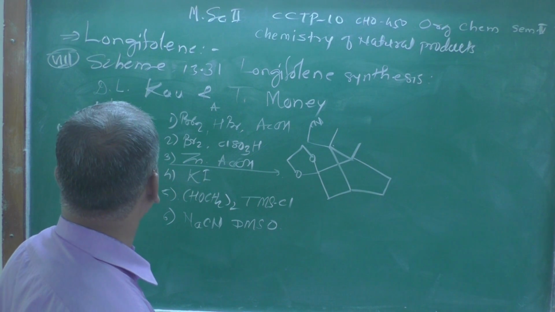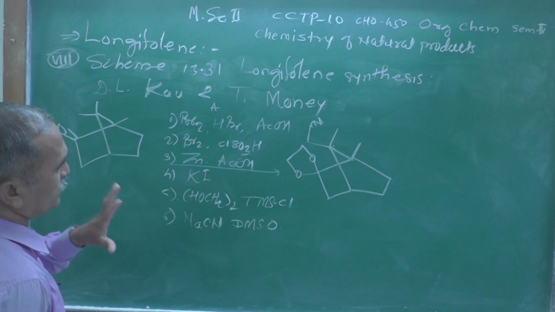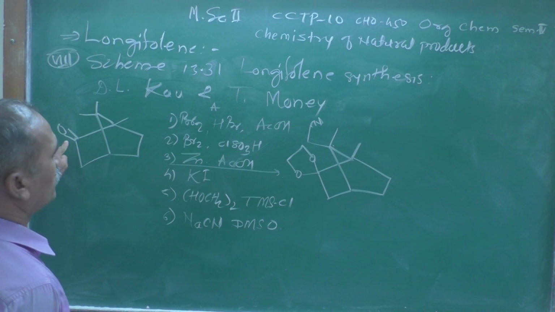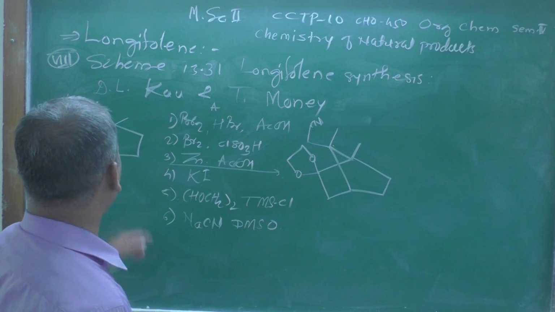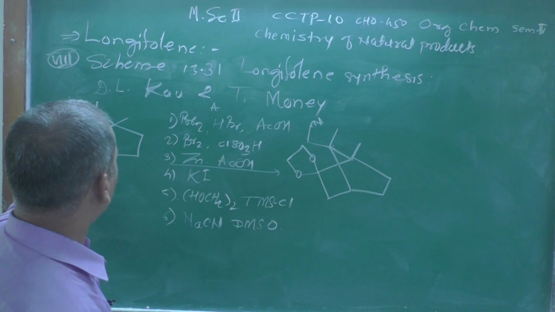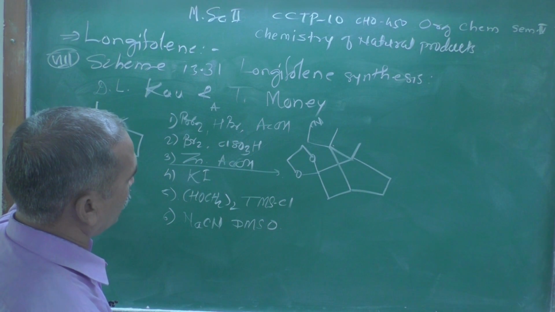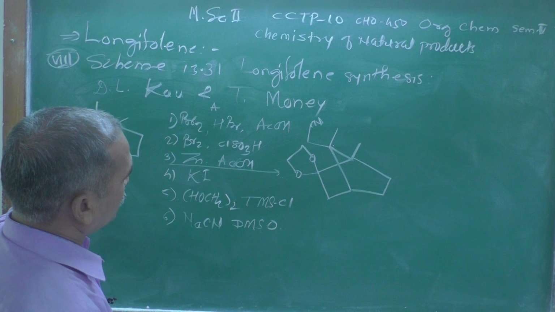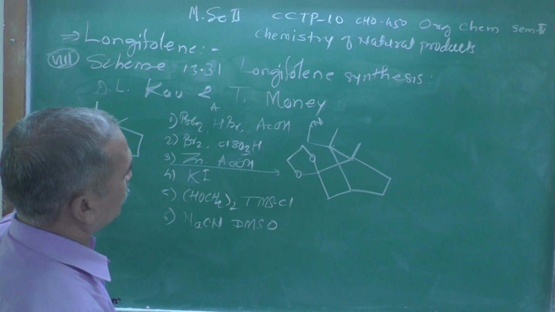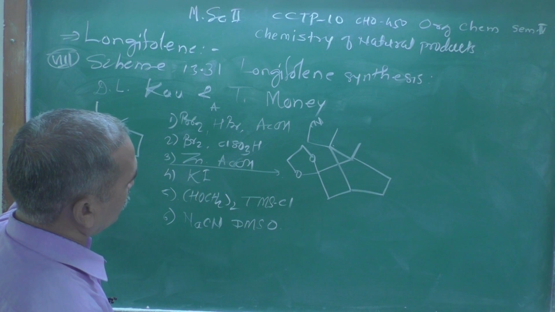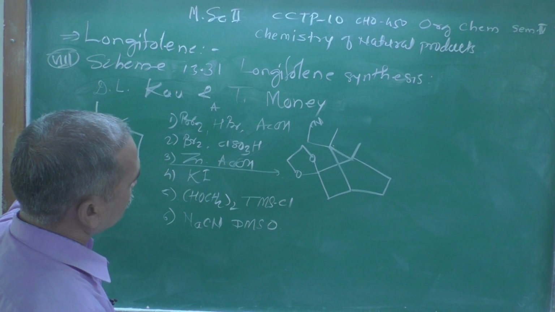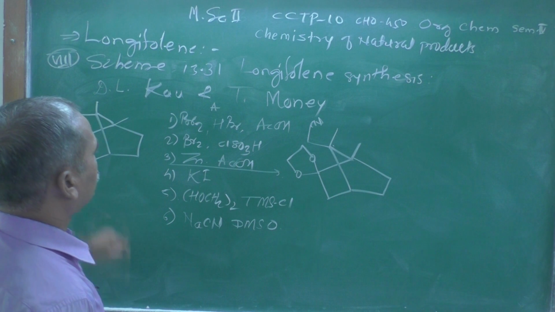Observe the changes over here. The carbonyl group gets protected, and one of the hydrogen atoms of this methyl group gets converted into a cyanide group.